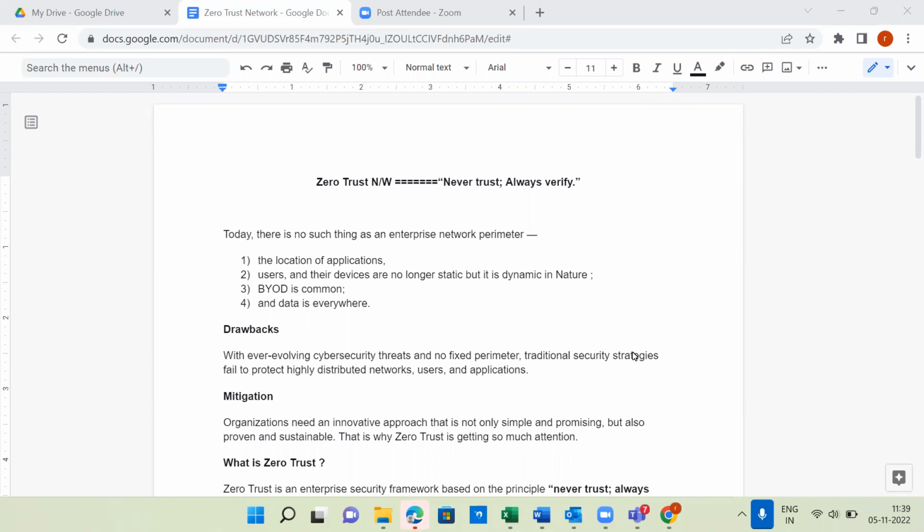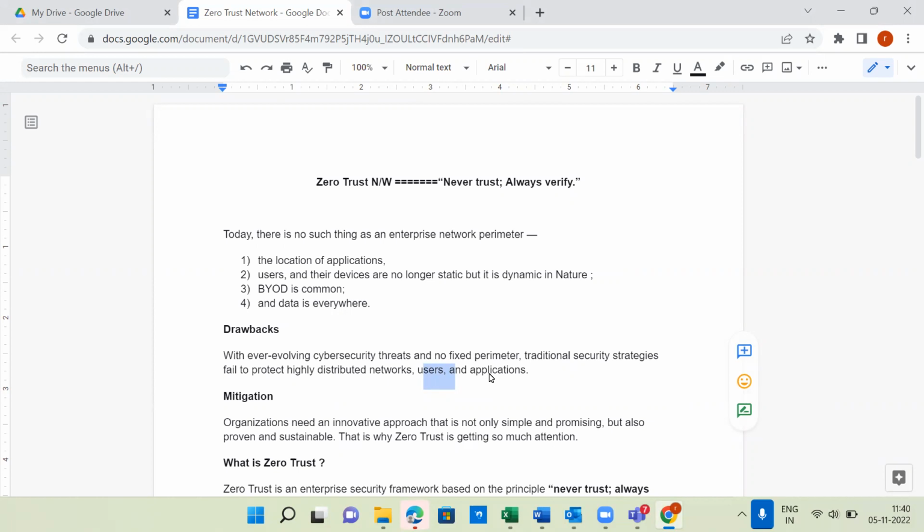Attackers can bypass these traditional network security controls at the organization level, applicable to both data center as well as cloud. Why? Because nowadays our organizations have distributed deployments, distributed networks, distributed users as well as distributed applications.